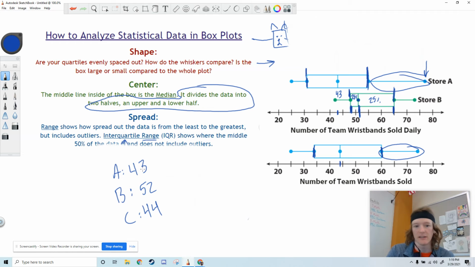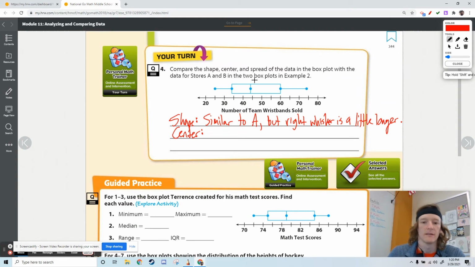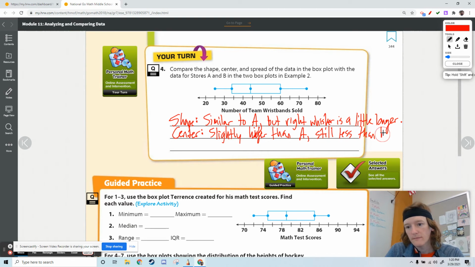So the center is a little bit higher than A, but still less than B. So we'll say slightly higher than A, still less than B.